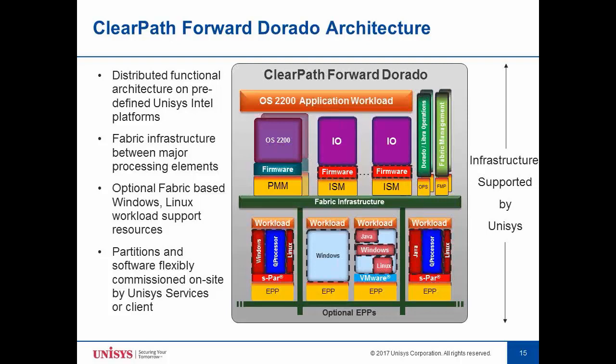And it provides an overall design that's a common infrastructure, a complete data center, if you will, where everything is supported by Unisys as part of the ClearPath standard. That's a very powerful statement in what makes the fabric resources so attractive to many customers.